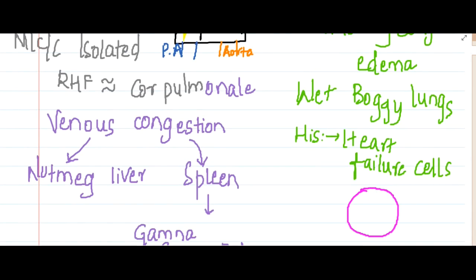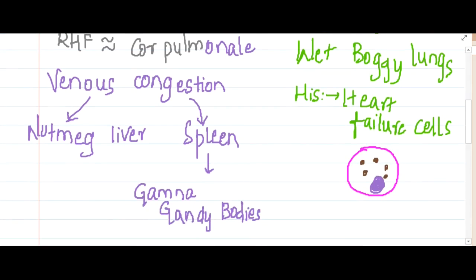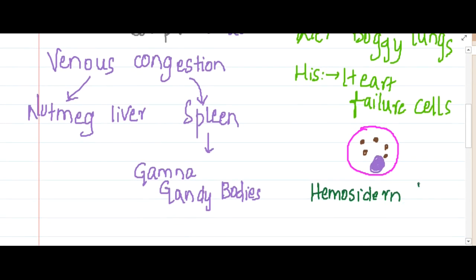It is a normal macrophage, but in this macrophage you will see the presence of granules which are hemosiderin granules. So this is actually a hemosiderin laden macrophage, a macrophage with hemosiderin bodies.